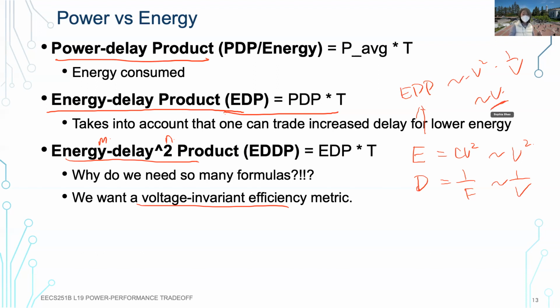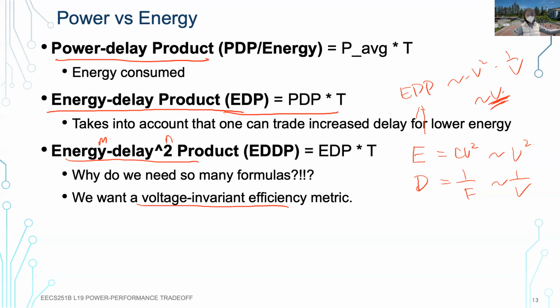In those cases, if voltage scaling can do that, why spend more effort doing all the different fancy things instead of simply scaling down voltage? So this voltage dependency is very important when it comes to the energy delay product.